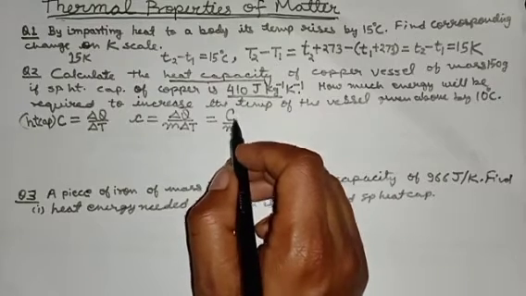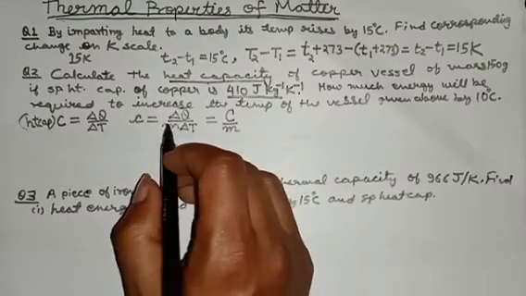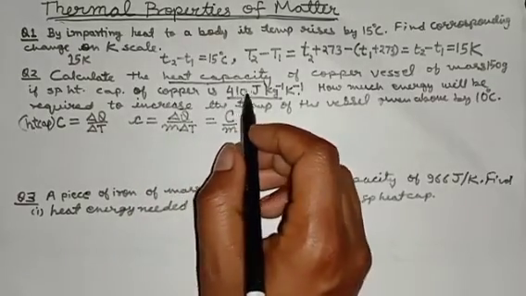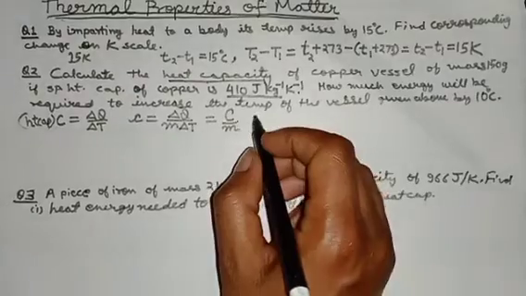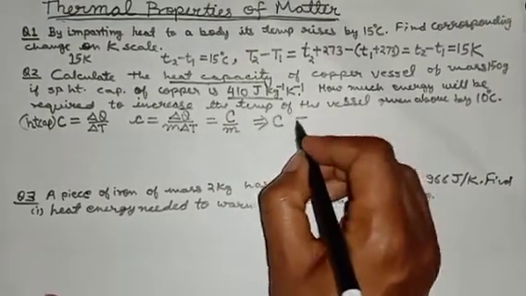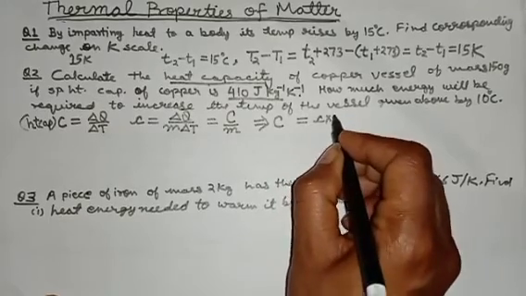If we divide heat capacity by mass, it becomes specific heat capacity. Here we have specific heat capacity and mass, so we can find heat capacity: C equals c multiplied by M.